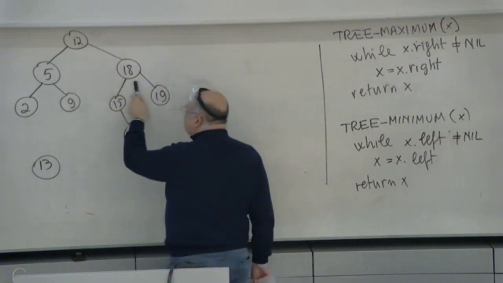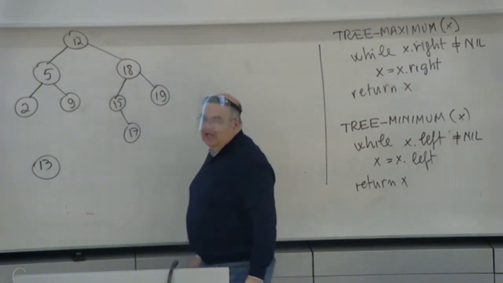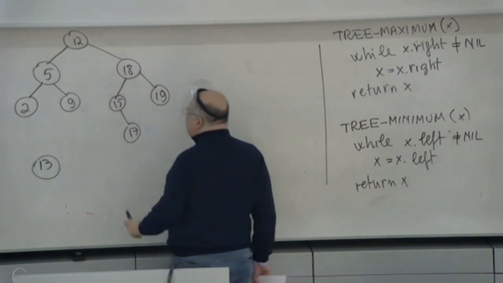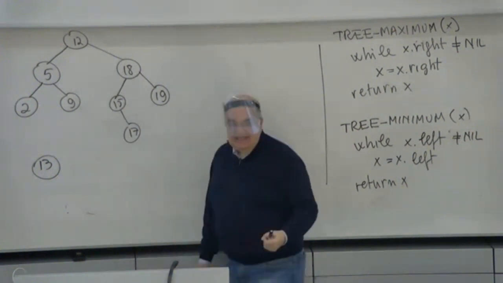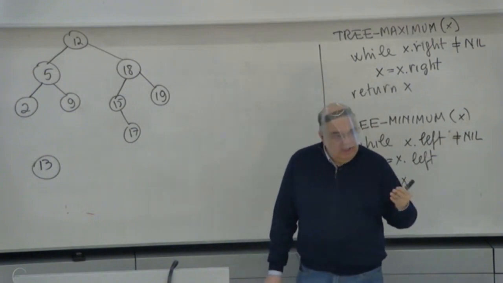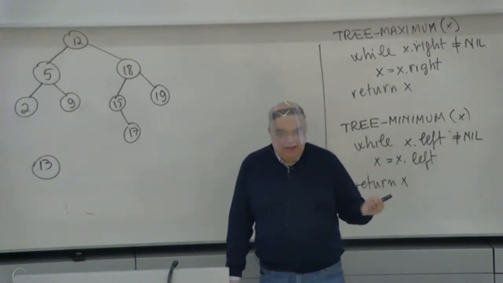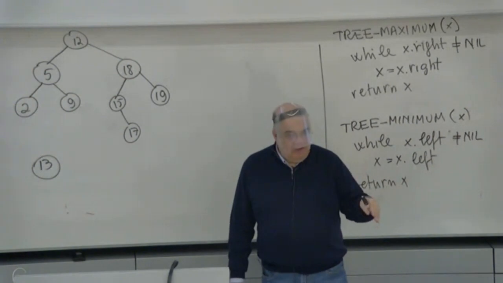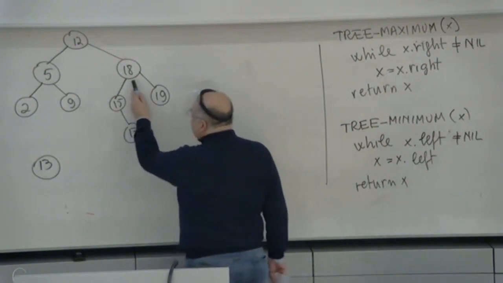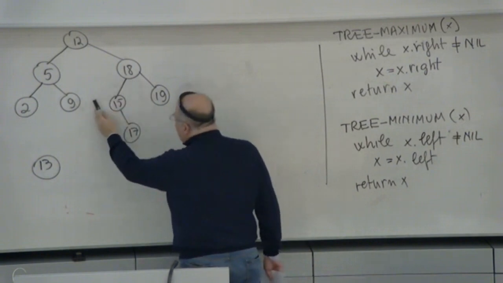So you go down to the right to 18. At each step, you compare the number you want to insert with the number in the node. 18 is greater than 13, so you have to move to the left.